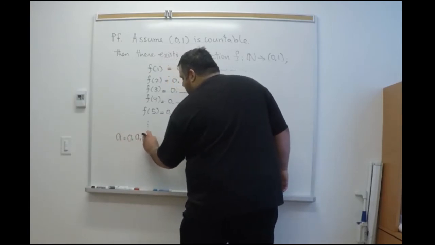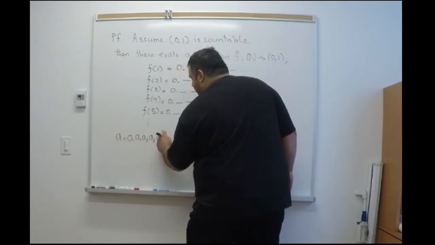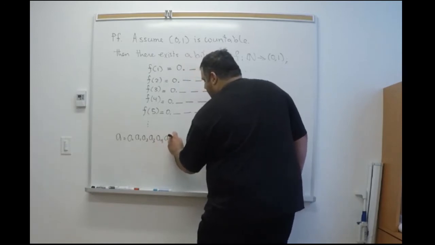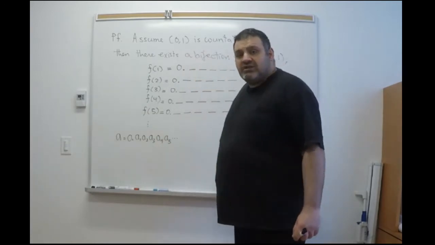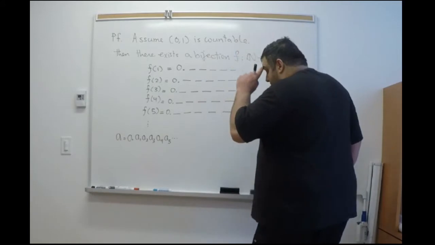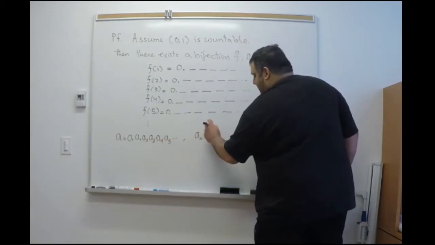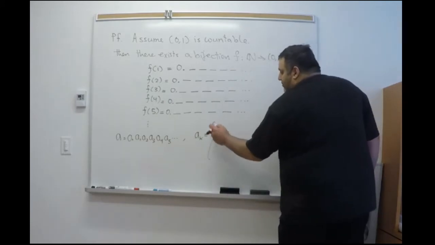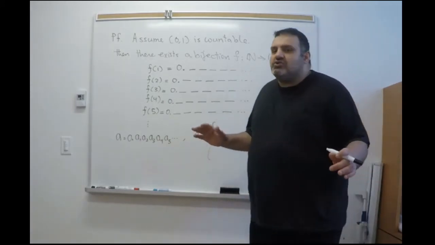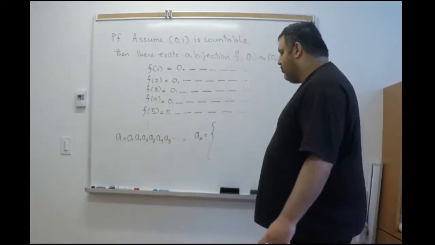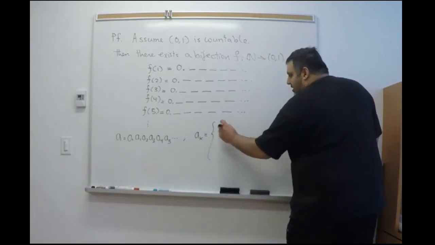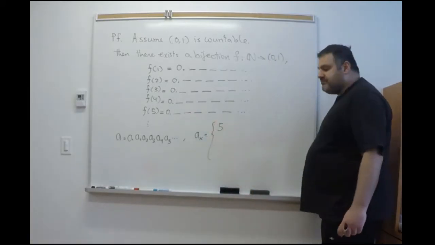So A is going to look like 0.a1a2a3..., where these are the digits of A in the decimal expansion. And I'll give an example shortly, where the kth digit of A, so remember this is a_k, you can pick any digit you like between 1 and 9. Well, I've picked 5 here.